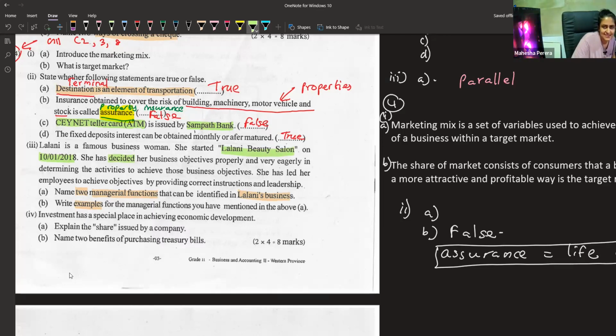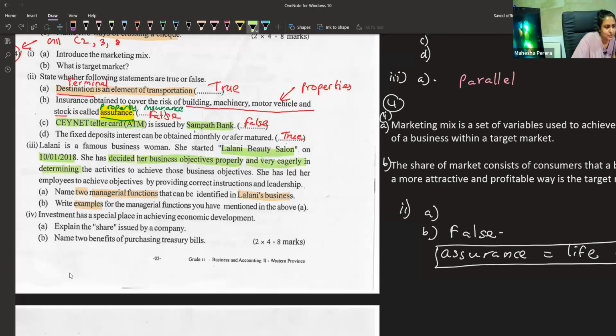When we see the word decided, it is about planning, right? She has decided her business objectives properly and very eagerly in determining the activities to achieve those business objectives.